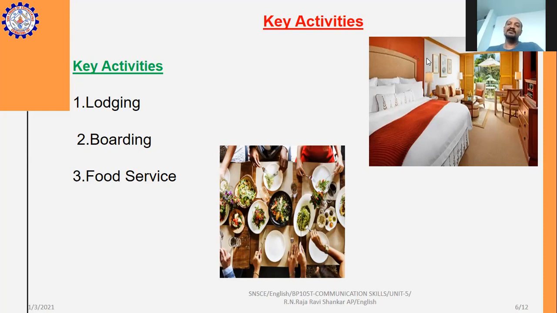Some states you are not supposed to go out at night because the corona is high. In some places they have stopped this, and some states it's almost all open. So we need a local guide. But these are minor activities of a hotel. So basically, key activities will be lodging, boarding, and food service. There are people who work with them along for tourism and other things also.